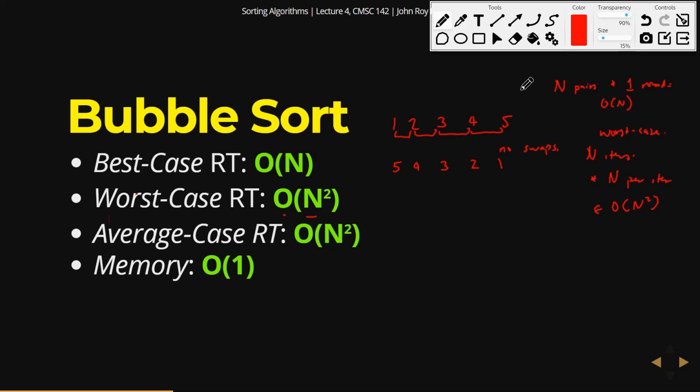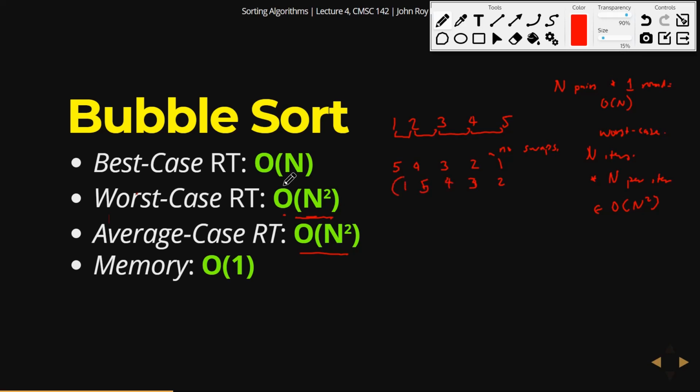And for the worst case and average case, it would be n squared, because let's say for this one, after round 1, this will become 2, 1, 3, 1, 4, 1, 5, right?